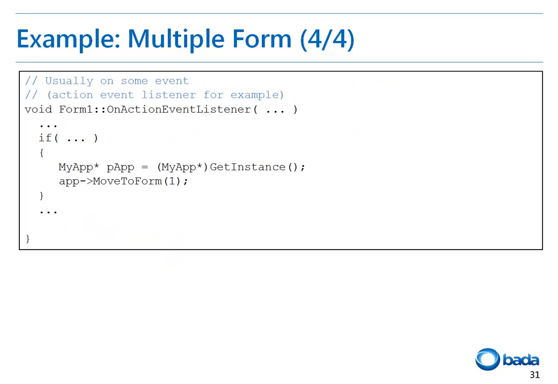In this example, assume that a button has been attached to the form to enable the switching of forms. Then, if the button is pressed, the onActionEventListener function is called. At this time, you can acquire an instance of the application by calling the getInstance function and switch forms by calling the moveToForm function, specifying the next form.